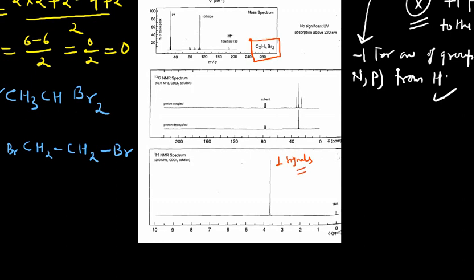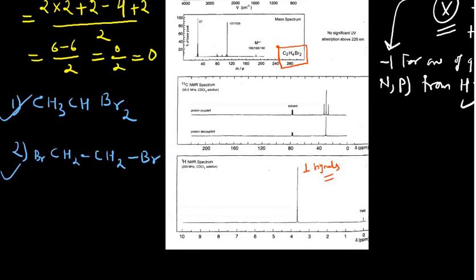So if you check this one, this is a type A proton, this is a type B proton, this will give you 2 signals, but you have been given only one signal. So this cannot be your answer, you can quickly discard it, and your correct structure is this one. Why does it have one peak?